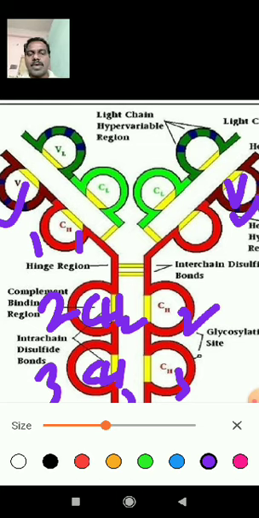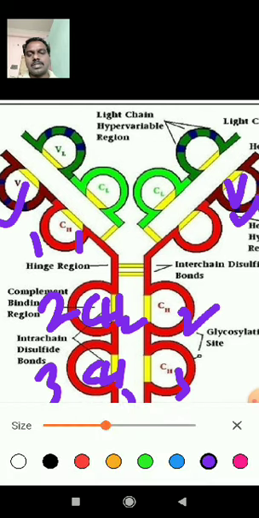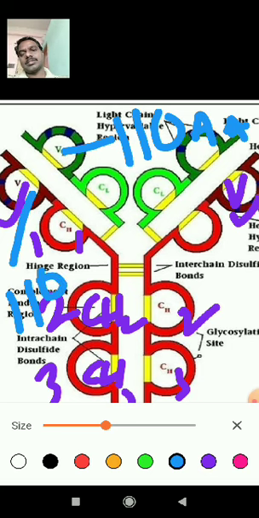In the variable regions, whether in the heavy chain or the light chain, 110 amino acids are present. The constant region in the light chain also contains 110 amino acids.